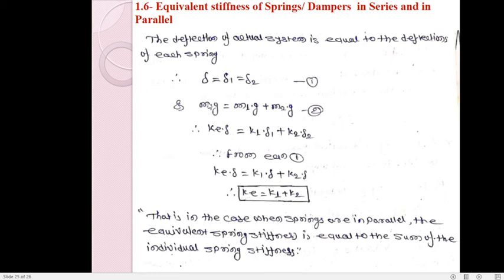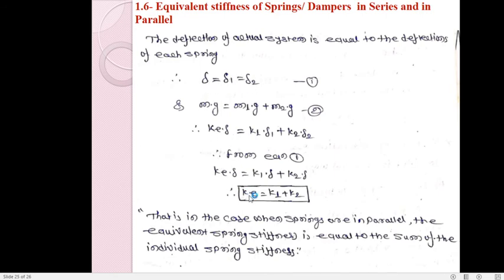Therefore this force is equal to stiffness multiplied by the deflection. So we can write ke, the equivalent stiffness of the single spring which we will replace for these two springs, is equal to k1 into delta 1 plus k2 into delta 2. From equation 1, delta is equal to delta 1 is equal to delta 2.